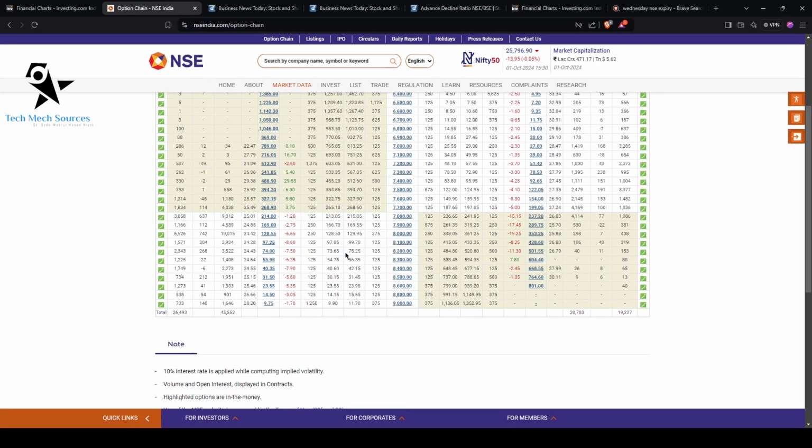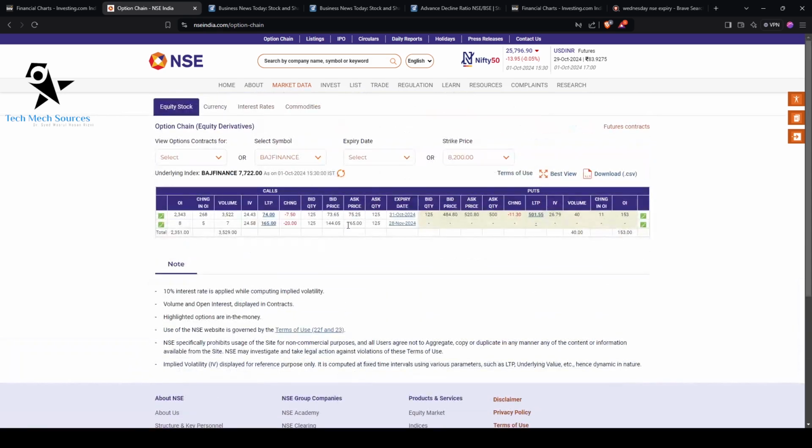The 8,200 call is 74 rupees, and the lot size is 125. If you consider 100 as the lot size, then this becomes 7,400 rupees if you sell this. But the selling will be more than 1 lakh, because it requires a margin. The 8,200 call, 31st of October, this will be our spread.